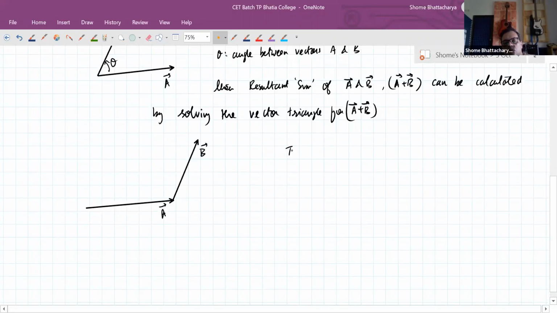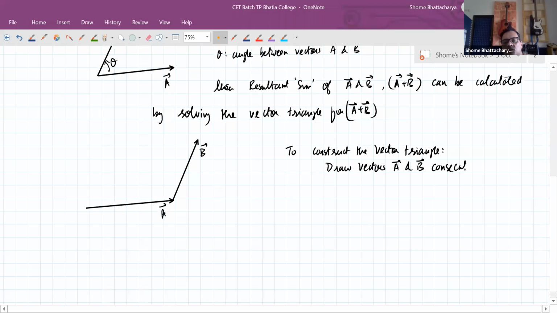So to construct the vector triangle, first draw the vectors A and B consecutively, one after the other, head to tail, like this.